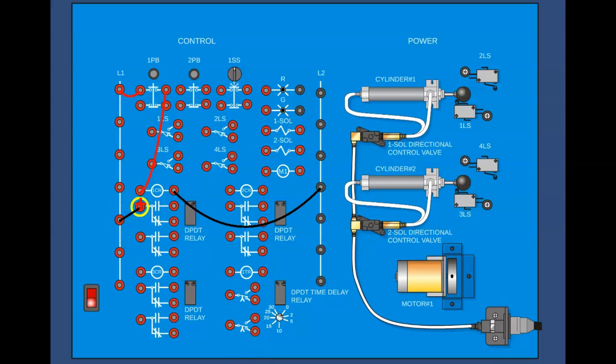So the first thing I've got to do is bring power to it so that it can control something. And we're going to let it control our red lamp here. So I'm going to come out of my normally open, go to my red lamp, and I'm going to put a black lead off of my red lamp to my ground. And we know that this normally open contact is not going to close until this relay coil is energized.